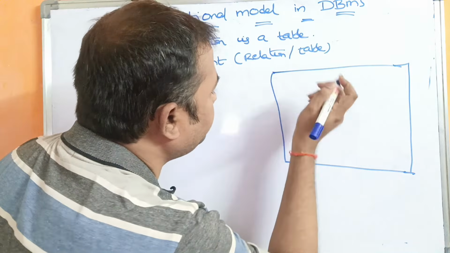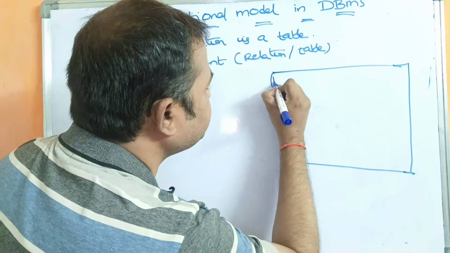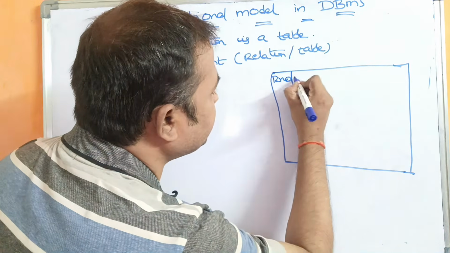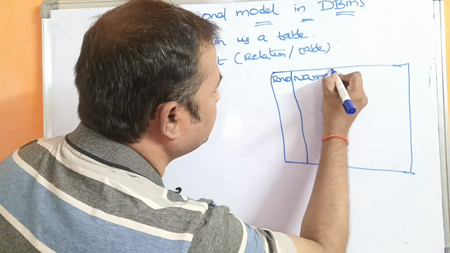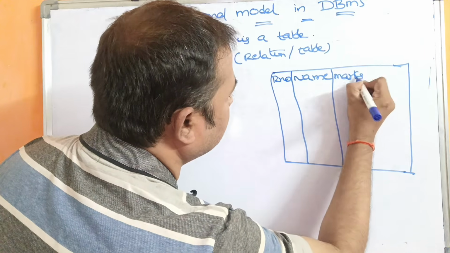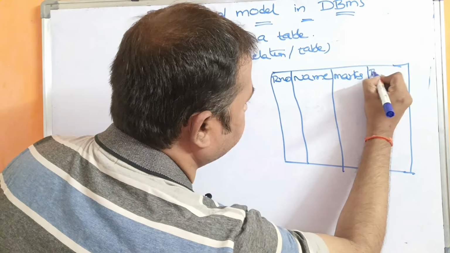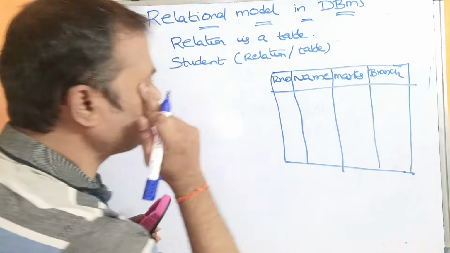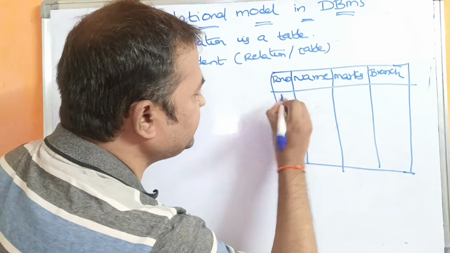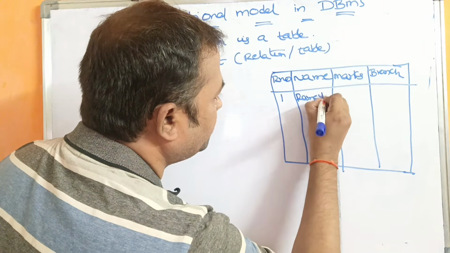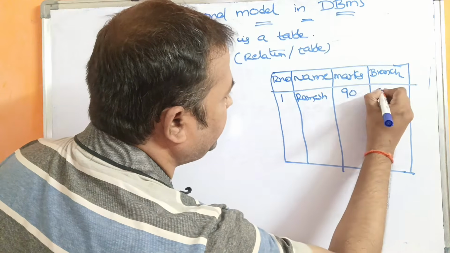Let it have mainly 4 columns. The first column is roll number. The second column is name. The third column is marks. The fourth column is branch. First student details: let the roll number be 1, name Ramesh, marks 90, branch CSE.